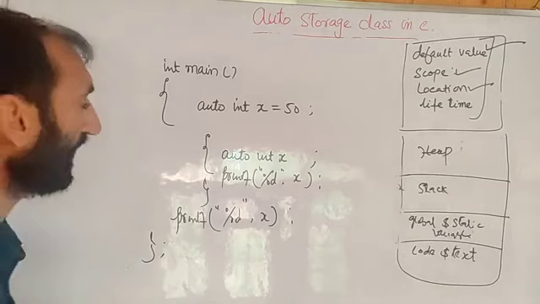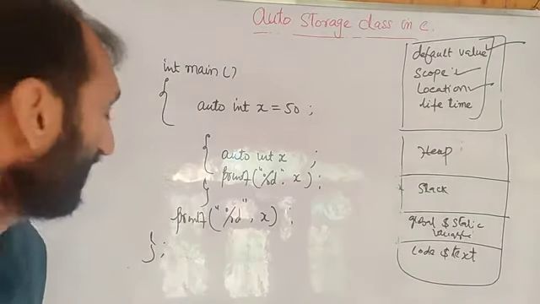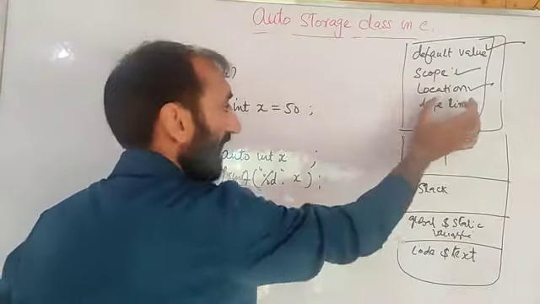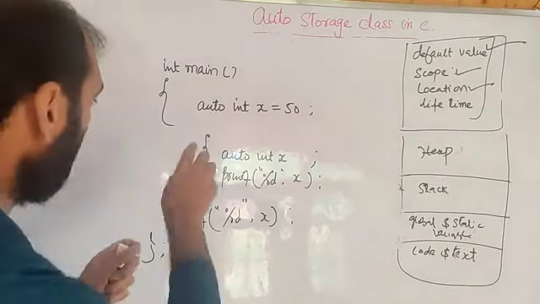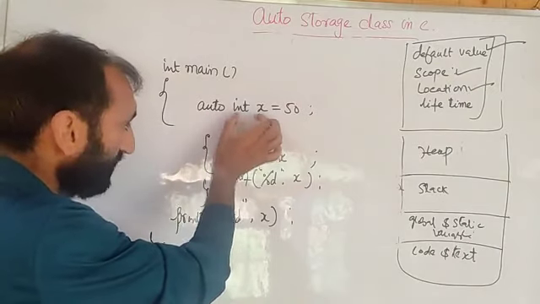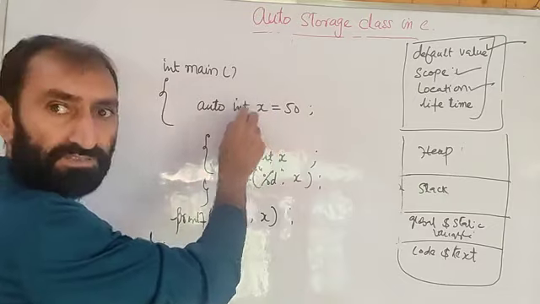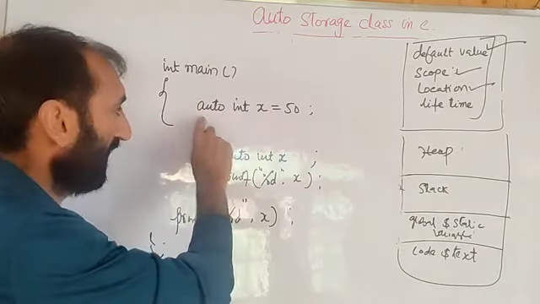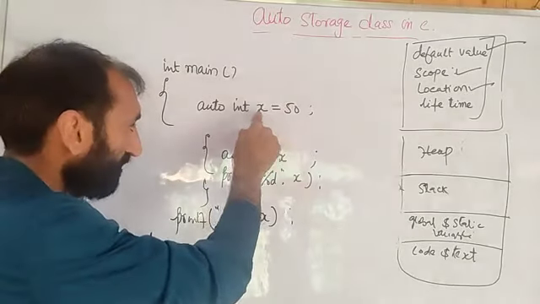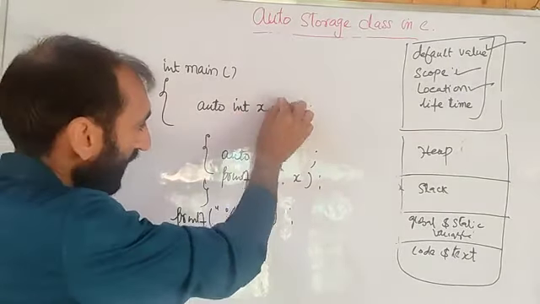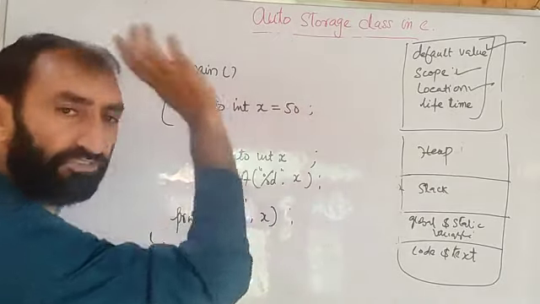Here I have written a program, and with its help we will discuss the scope and lifetime of these variables, because here I have associated the auto storage class with this variable. This tells us that the storage class of this variable is auto, that means automatic, the data type of the variable is integer, and the value in this x is 50.